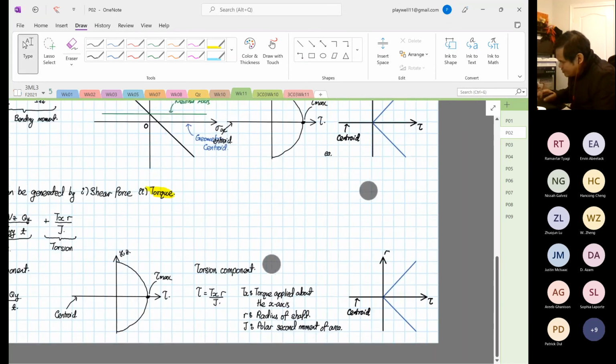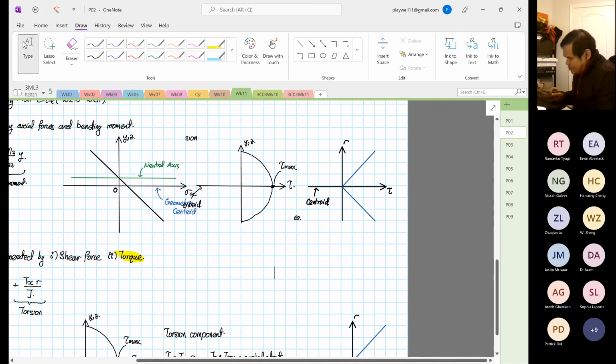So what is the disturbing thing is this: on the bending and on the shear due to the torsion, you have some similarities.